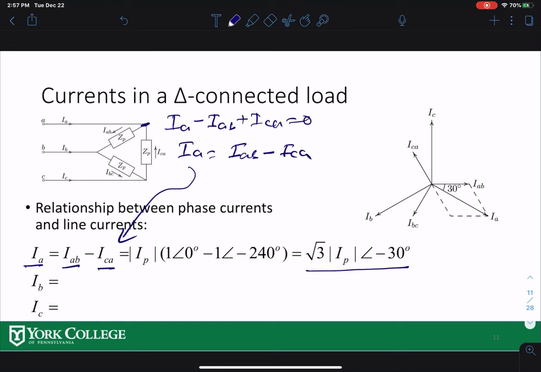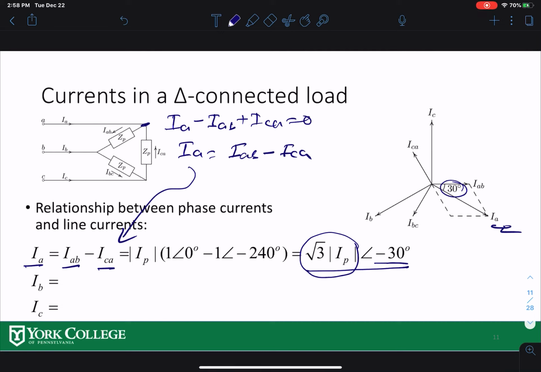So if you do the same math, look at here. Almost the same. So for the delta connection, your line current is square root of 3 times higher than your phase current, and also there's a 30 degree phase difference right there. So this right here. So IAB and IA, there's a 30 degree phase difference over here, and this one has square root of 3 times the magnitude of your phase current. And you can now do IB and IC. So if you do IB over here, your IB with reference to A is 120 plus 30, so it would be negative 150.